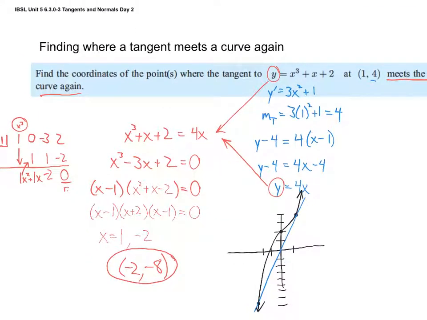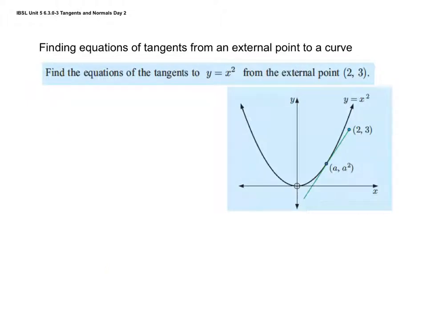Now, another thing that we can do is, what if we don't know the point that's on the curve? We know a point that we want the tangent to hit, but we don't know a point that's on the curve. So you'll notice here, we started this one with a very basic curve, y equals x squared.